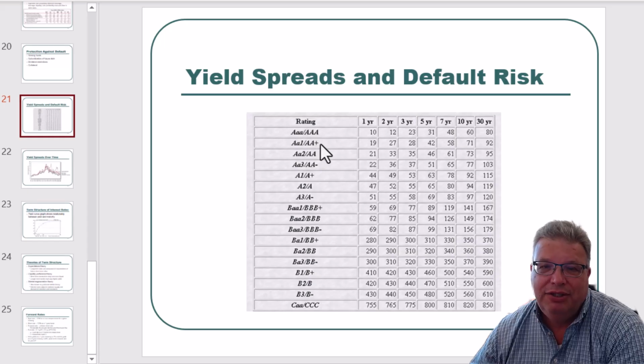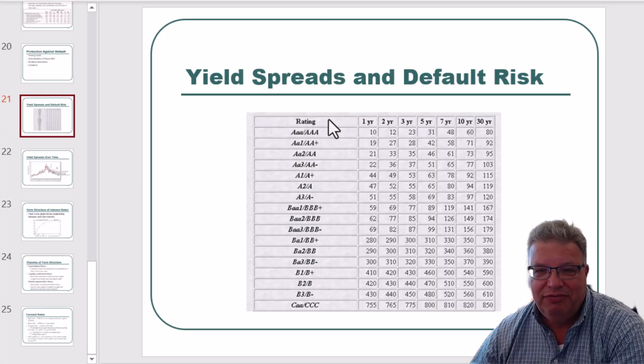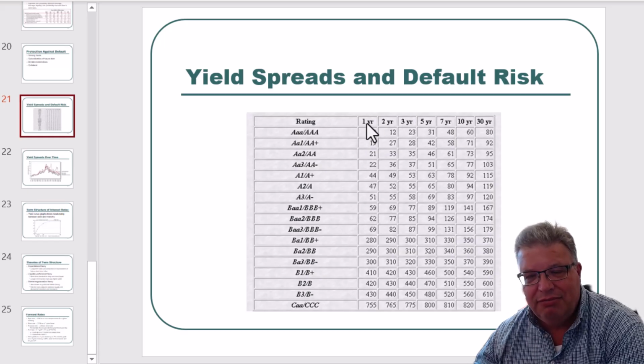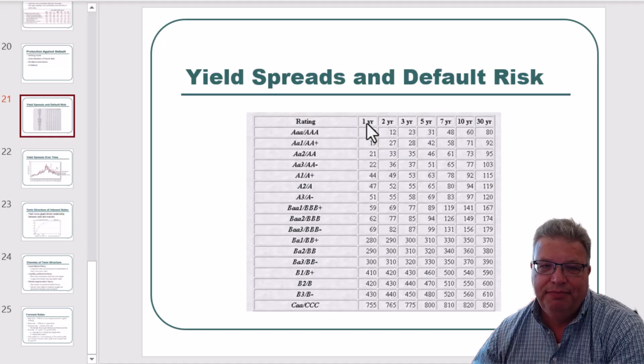You notice there are little pluses and minuses in here, so it's actually a little finer than just AAA, AA, single A. It's AAA, AA plus, AA, and so on. So it goes from some very safe bonds up here, with a safe credit rating, to the riskiest down below. And then across the top, we have the time to maturity for the bond.